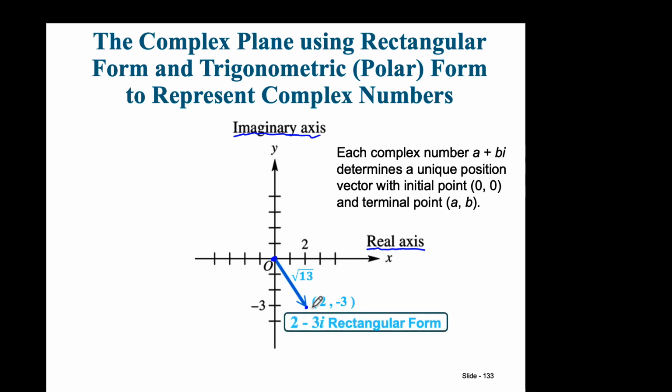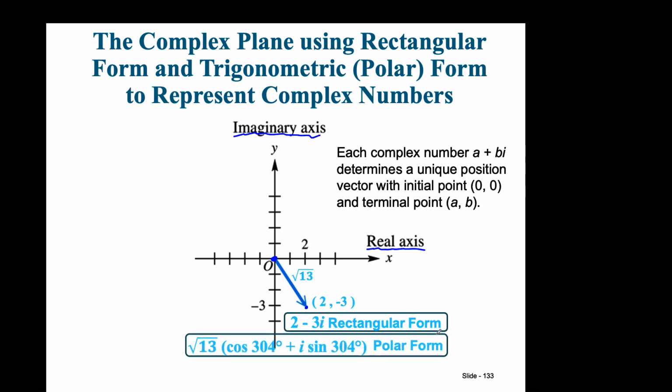But before we do that, rectangular form would just be taking the 2 on the real axis, minus sign because we're going down on the imaginary axis, -3. We tack on our i, and 2 minus 3i. That is the vector that you see here in blue, represented in rectangular form.